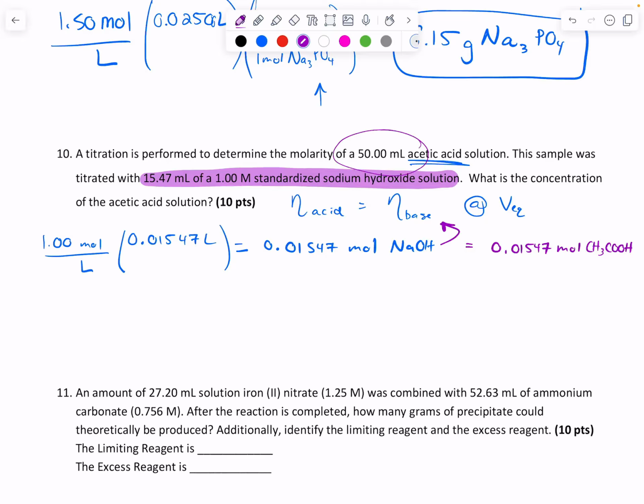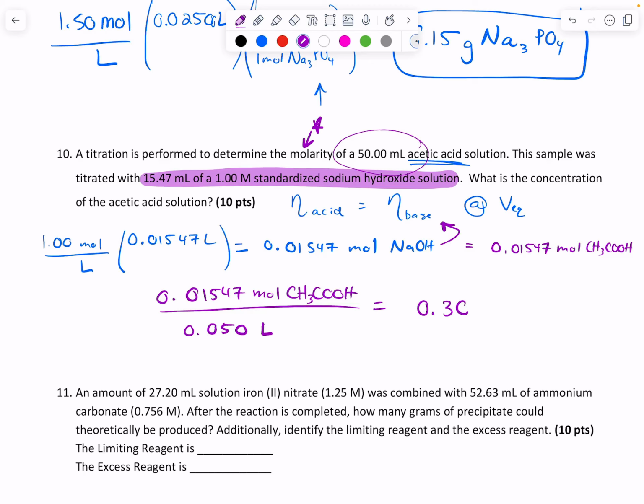I have 50 milliliters of it and I'm solving for the molarity, so I take 0.01547 moles of acetic acid and divide that by the total volume in my solution, once again converting to liters because I want molarity. When I do that math, I end up with 0.309 molar, 3 sig figs because my molarity only has 3 sig figs. I'm fixing my units, and I'm done. Okay, so this is an example of a titration problem.